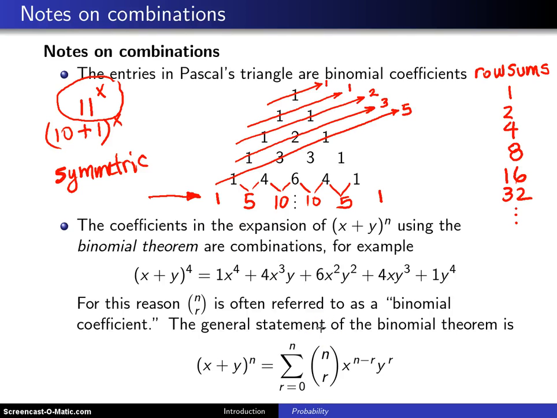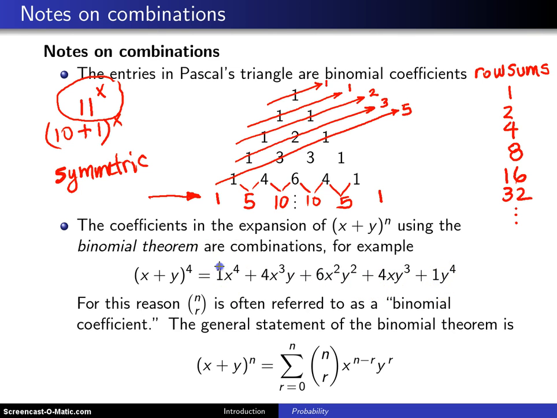Second note is the coefficients in the expansion x plus y to the n power using the binomial theorem are combinations. So for example, if you want to take x plus y and raise it to the 4th power, that's going to be 1 times x to the 4th plus 4 x cubed y plus 6 x squared y squared plus 4 x y cubed plus 1 y to the 4th.